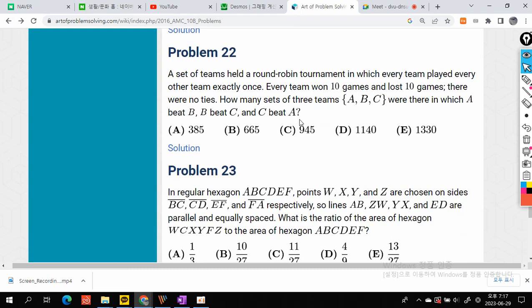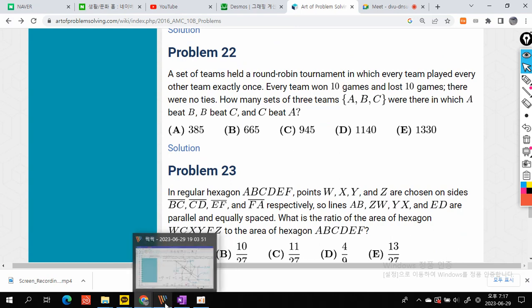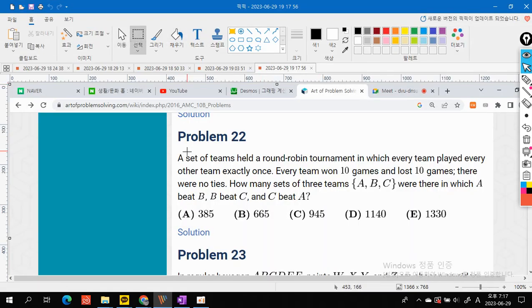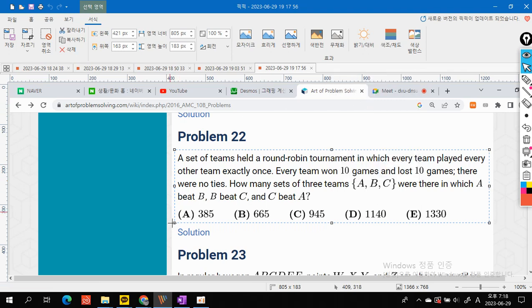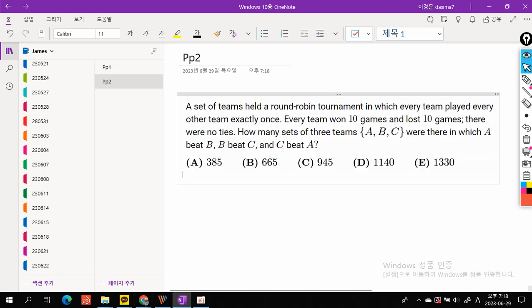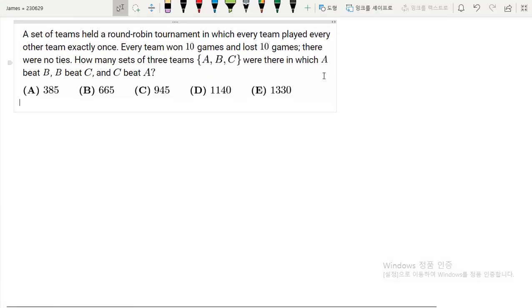And in number 22, every team won 10 games and lost 10 games.